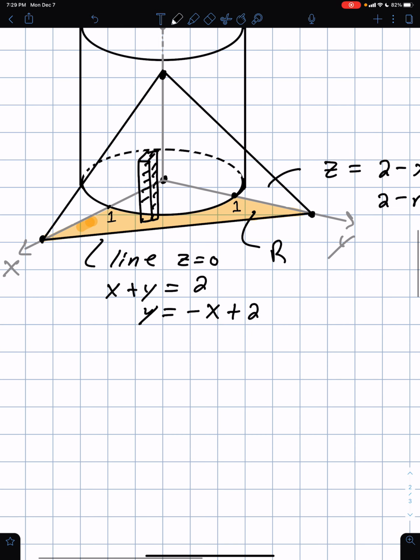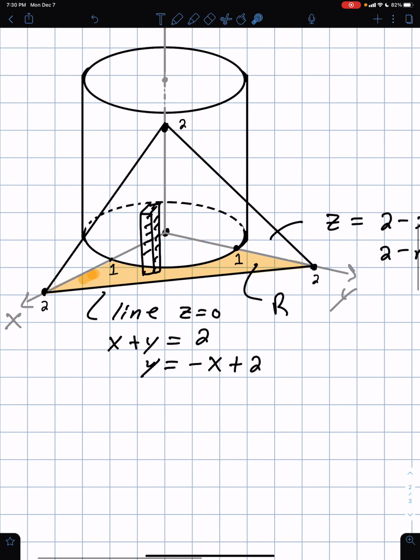And then out here, if you zero out x and z, that becomes a 2, and a 2, and a 2. So we're integrating around this portion and then up to the plane. You have to picture the plane being cut off right there. That's what it's looking like.